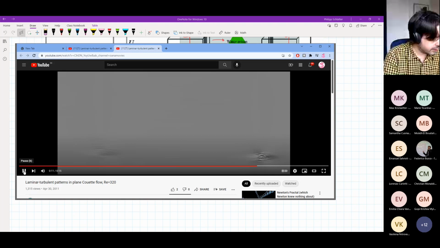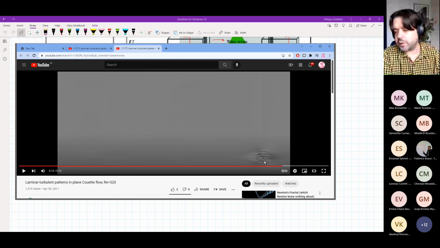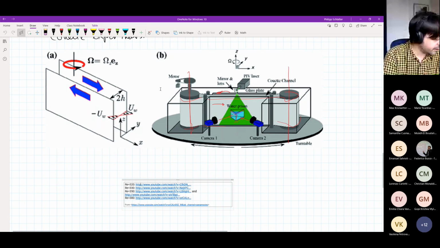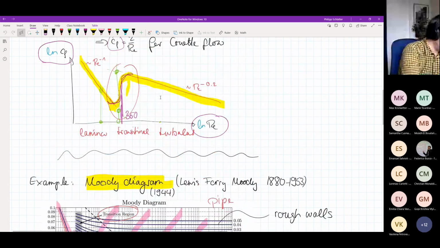All these places where we had turbulence are disappearing, except this one here. But if you wait longer, believe me, it will also disappear. And that means that after a certain while, at Reynolds number 320, we have recovered a fully laminar flow. That means that in this diagram, probably this point here, the last one which is fully laminar, would be 320.